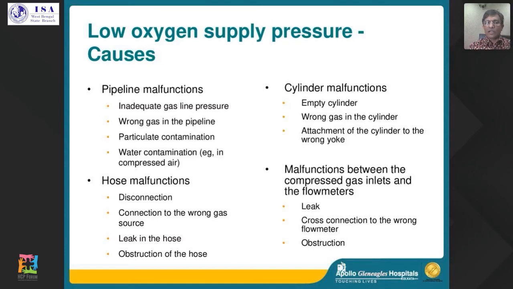It could be a hose malfunction, disconnection, partial disconnection, or leak. The cylinder could be empty, or wrong cylinders. There could be malfunctions between the compressed gas inlets and the flow meters: a leak, obstruction, or a cross connection. These could be the causes where the oxygen supply pressure is alarming as low.